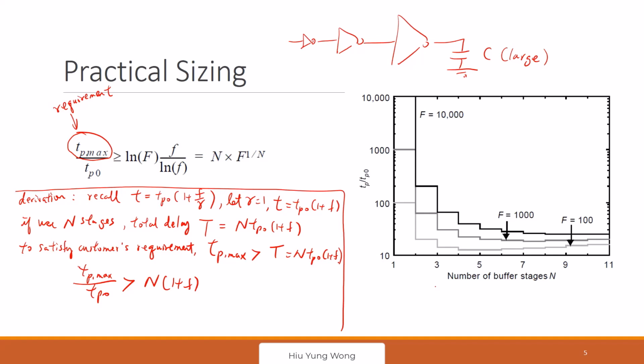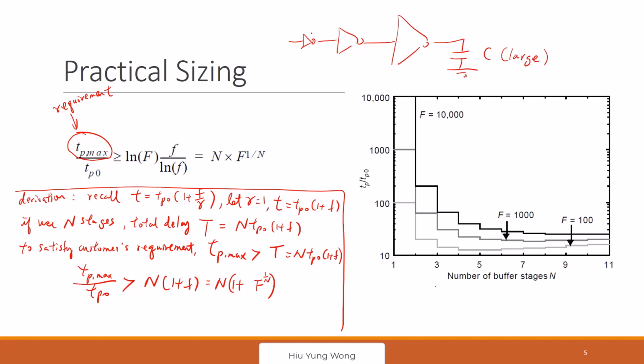But in terms of n stages, how do you represent it? What's the relationship between the capital F and the small f? It's 1 over n, right?